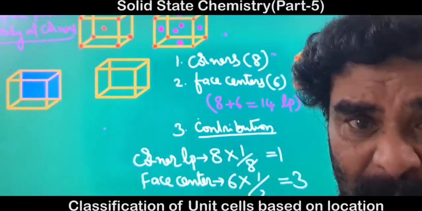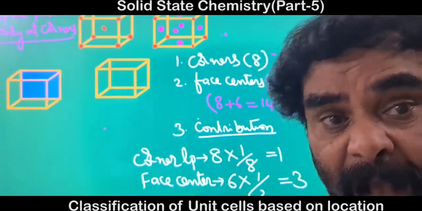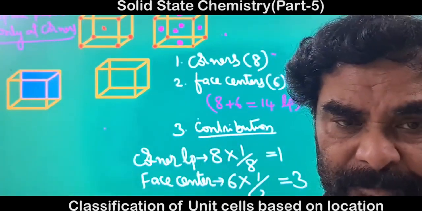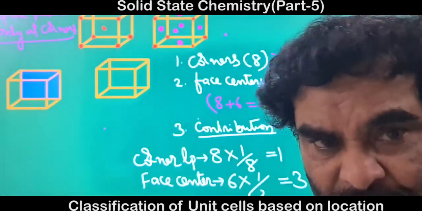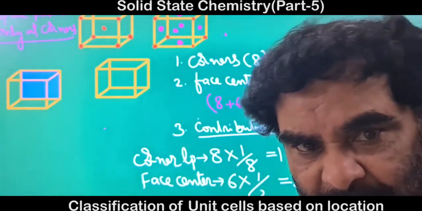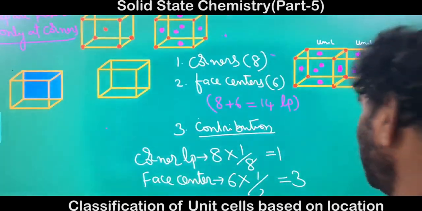Each face centered atom is common for the two unit cells. So its contribution for the given unit cell is 1/2.